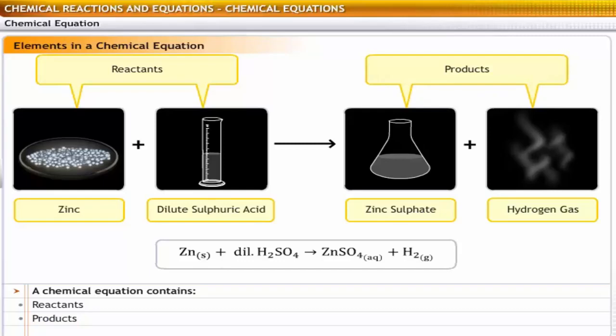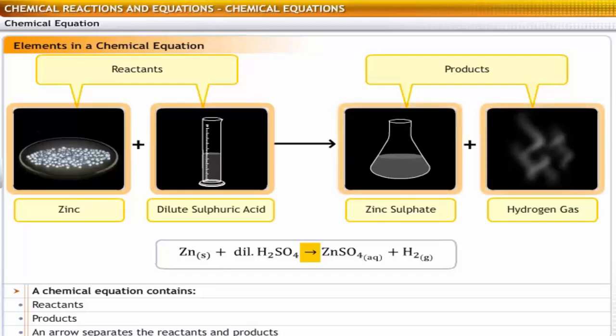For example, zinc sulfate and hydrogen gas are the products. Hence, they are on the right. An arrow separates the reactants and the products, and also indicates the direction of the reaction. Thus, in the reaction you saw, the arrow indicates that zinc and sulfuric acid react to form zinc sulfate and hydrogen.